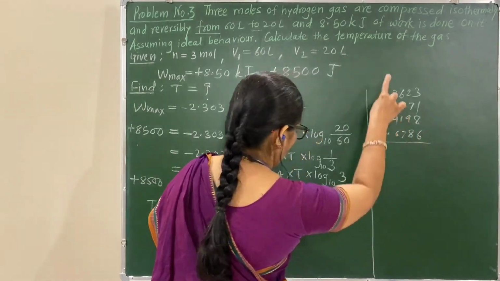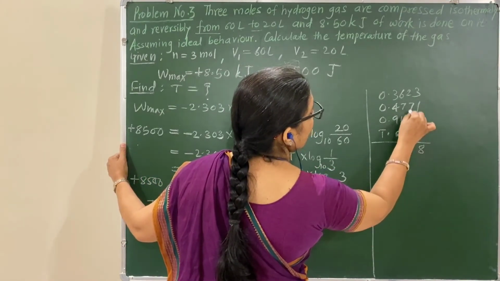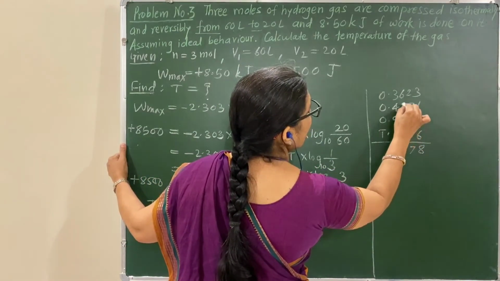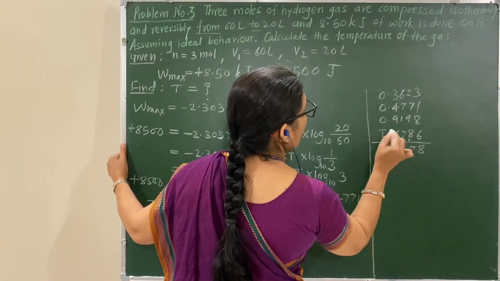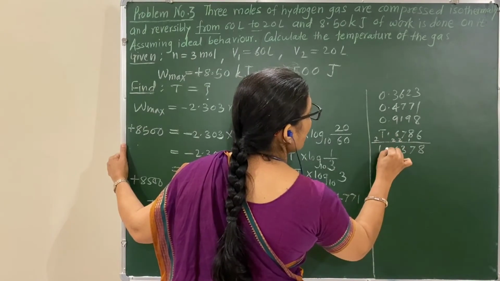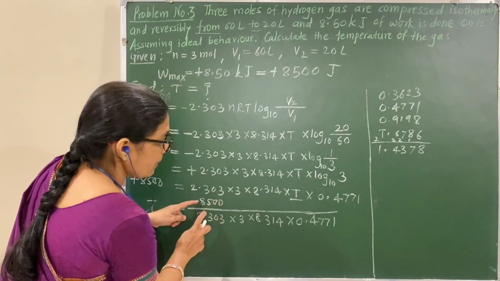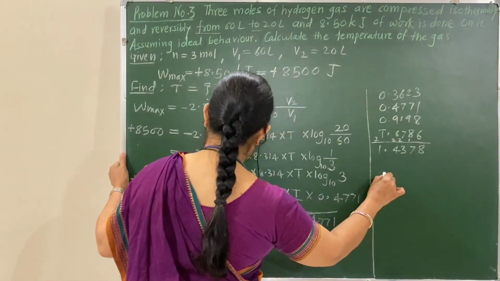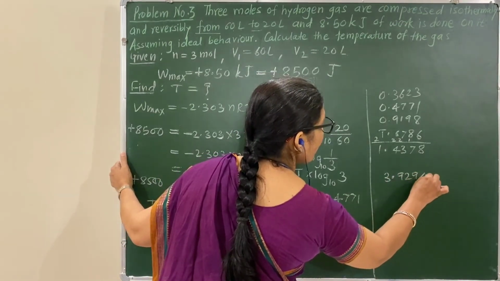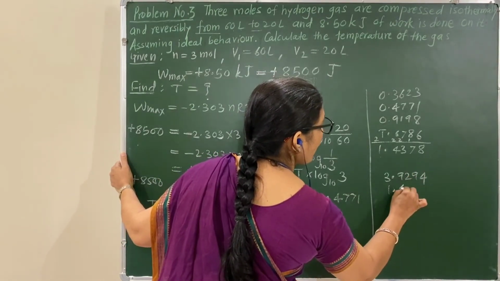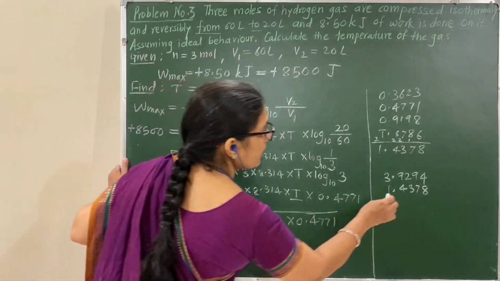Now the sum of all this, see here, 8, 7, then 3, 4, and here it is 1. Okay. Now, log of this minus log of this: the log of this is 3.9294 and minus 1.4378. That is the log of this minus log of this.